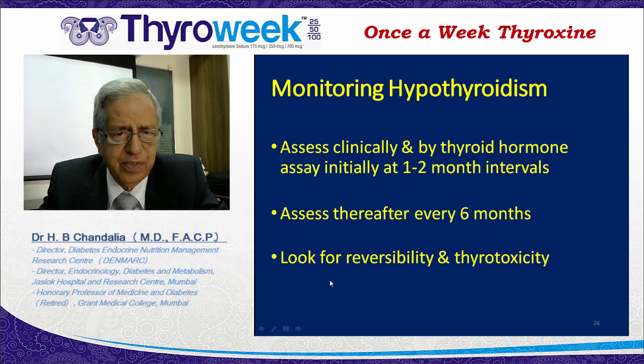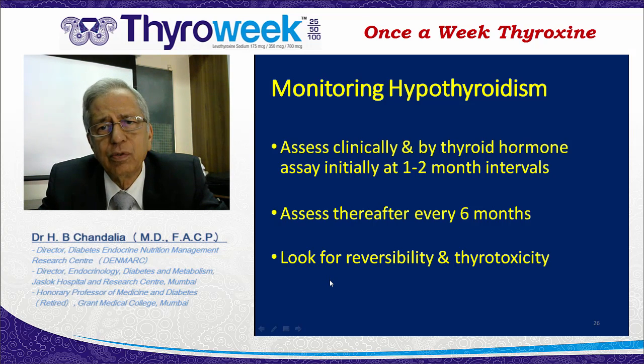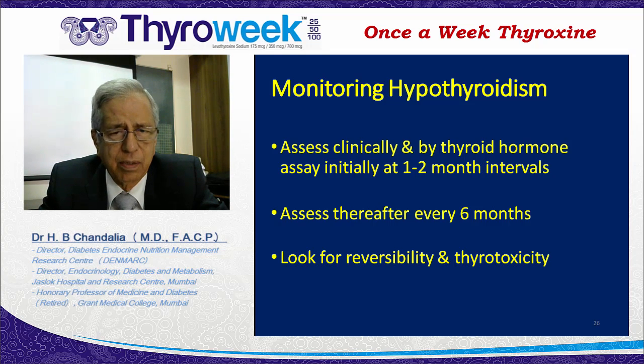Very often in practice, we do not do an estimation before 6 weeks. So roughly at 4 to 6 weeks interval, you can study the situation and adjust the doses. And once you have achieved a good euthyroid state, you can assess this patient once every 6 months.